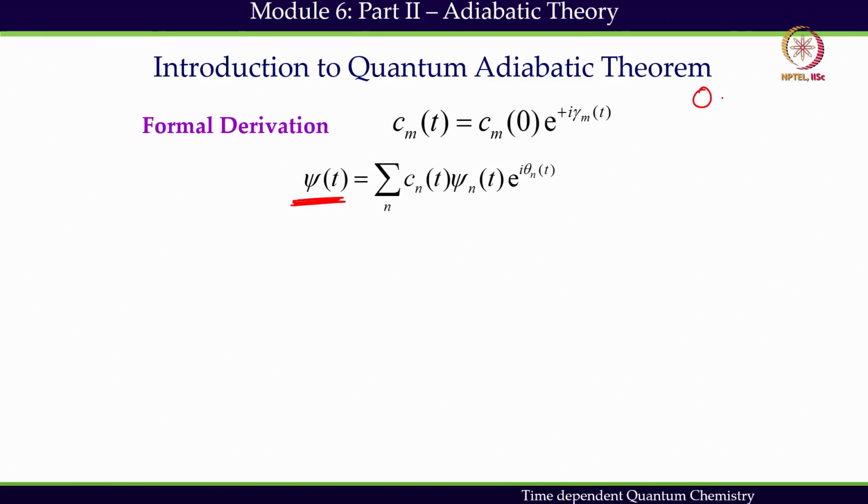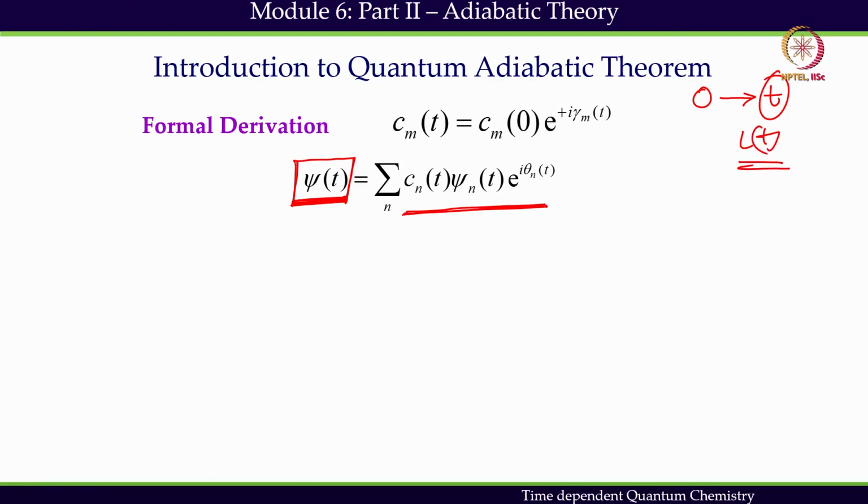It started at 0 time, it ended at time t, and immediately after the adiabatic process ended, I would like to know the wave function which is representing the particle, but the wave function is no longer a stationary state wave function, it is a non-stationary state wave function, and a non-stationary state wave function is represented as a linear combination of all stationary states available at that time only, at this t time, for the box of length L t dimension.